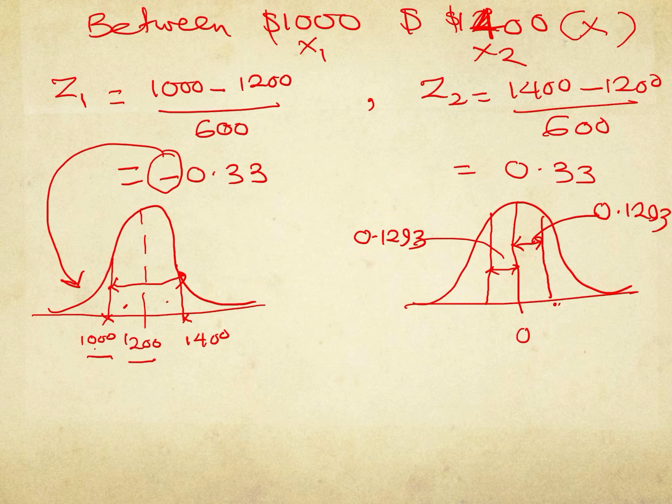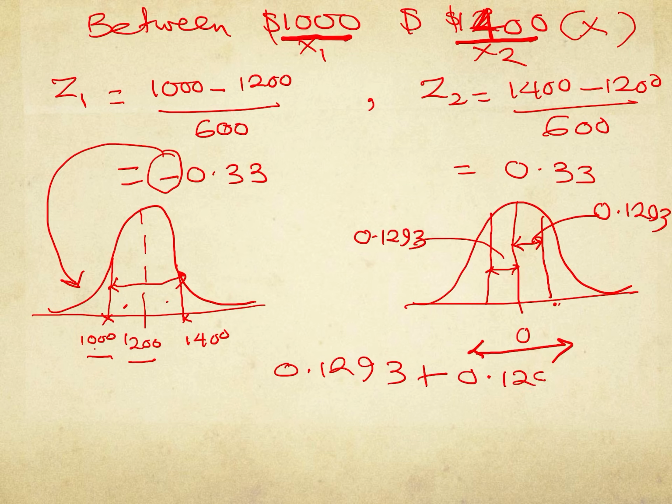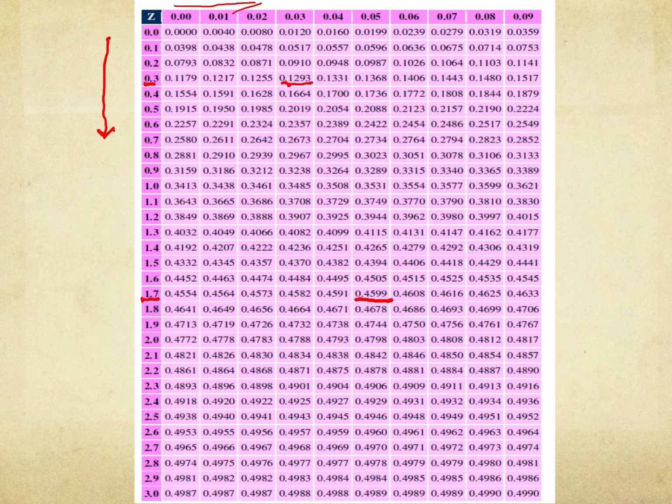So since the question is between $1,000 and $1,400, it means we are looking at this entire area. So we add 0.1293 plus 0.1293. So we add the 2, giving us 0.26, which is same thing as we say 26% probability. So that's how we do that.